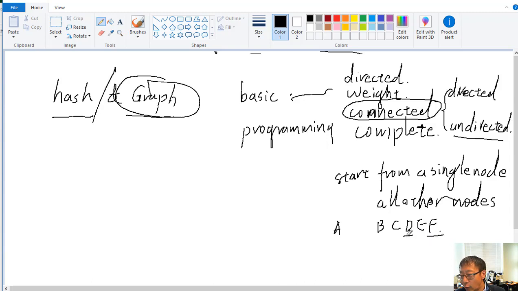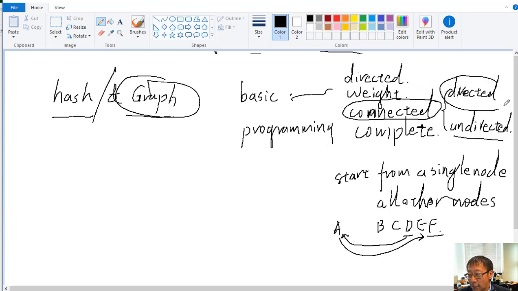At least we can go first from D back to A. If A can go to D, D can go to A because we have an undirected graph. And then we can go from A to F. So at least we know one path exists. Whether or not this will be the shortest path, that's a separate deal. But we only care about whether or not it's connected.